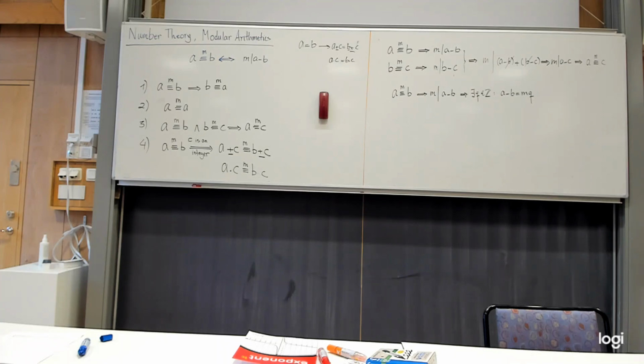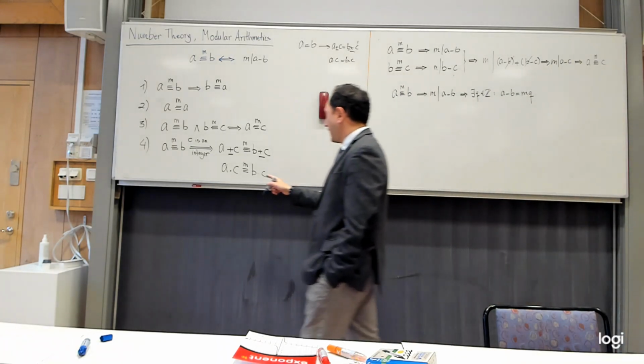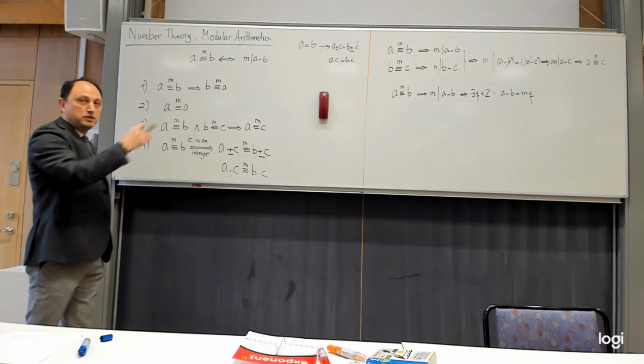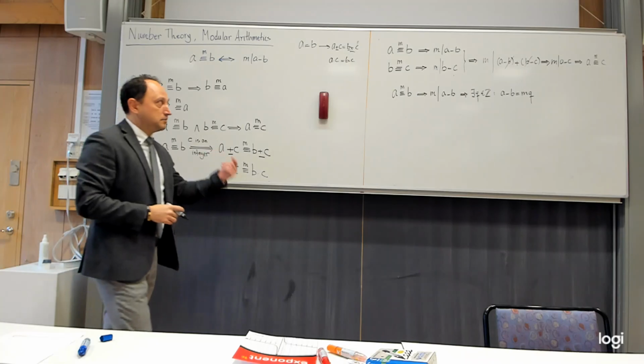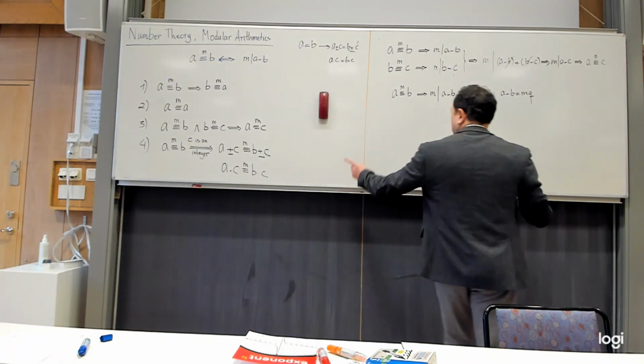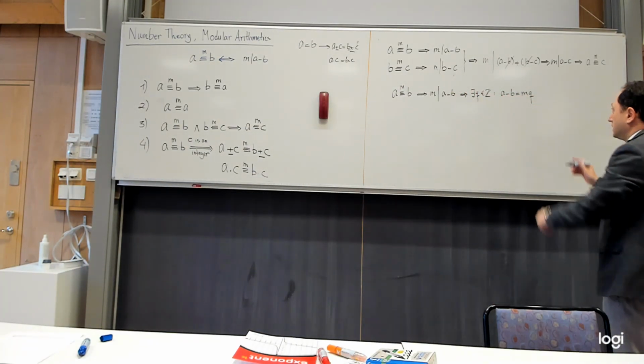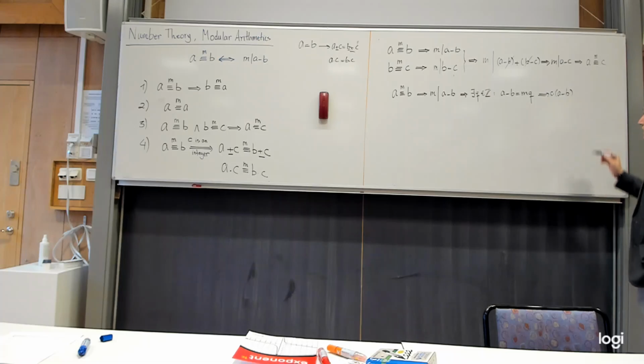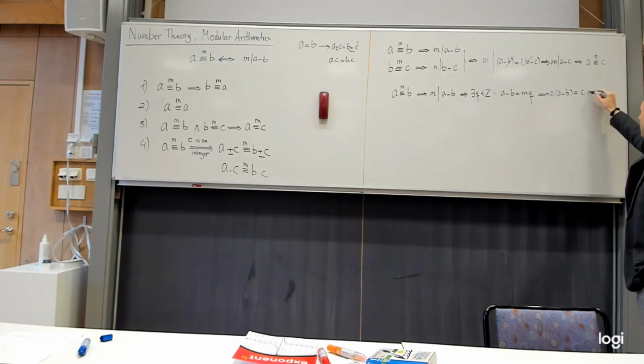Now, I want to have this product, A times C and B times C. This will motivate me to multiply this equality by C. So I am using the property of equalities. So here I can conclude that A minus B times C is equal to C times MQ.